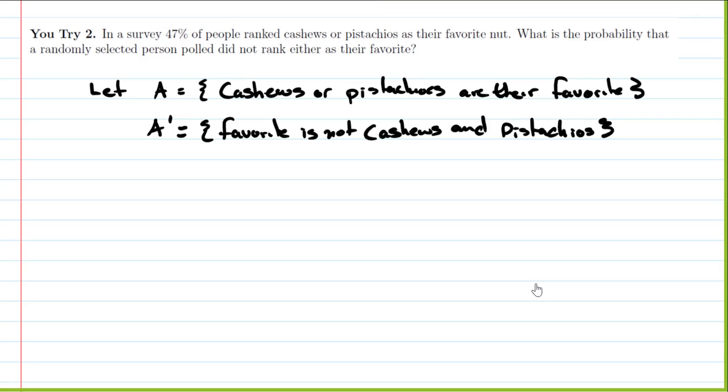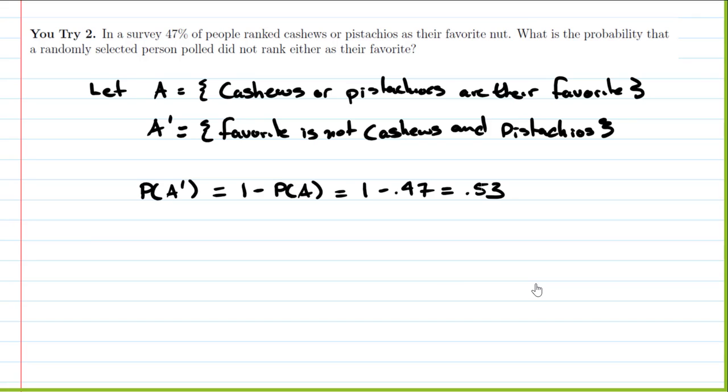Well, and that's what we want, right? It's a complement. So the probability of a complement is going to be equal to 1 minus the probability of A. So 1 minus 0.47 gives us 0.53, or a 53% chance.